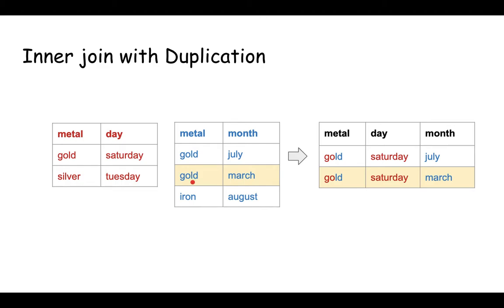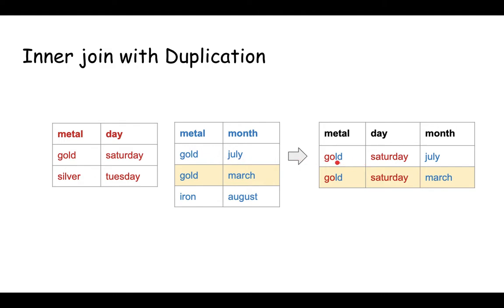Now if that happens and we try to do an inner join, we are going to match on the keys that are common in both the tables. Here we have the gold key that is common in the left as well as on the right. When we try to match it on the right table, we end up matching it twice because it appears twice. The first match is with gold here, and we have the month of July.